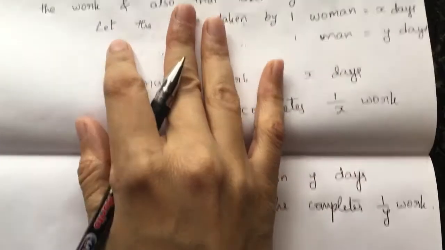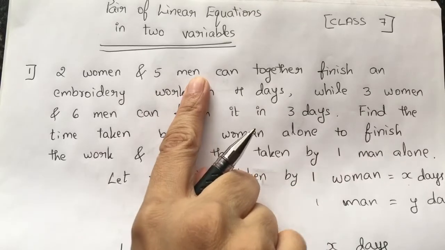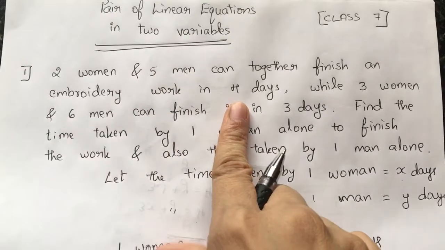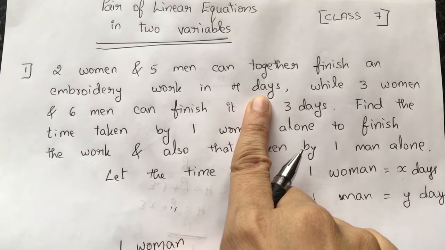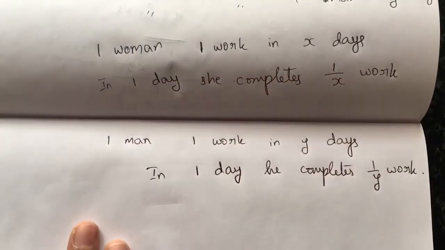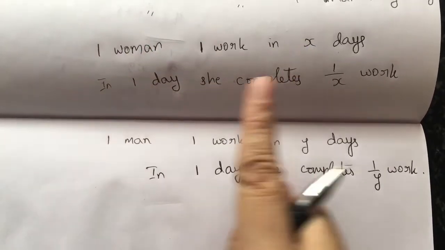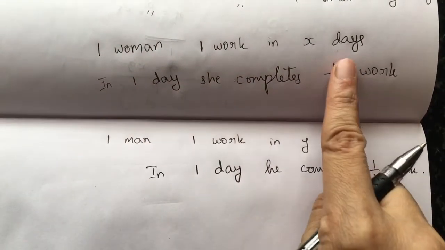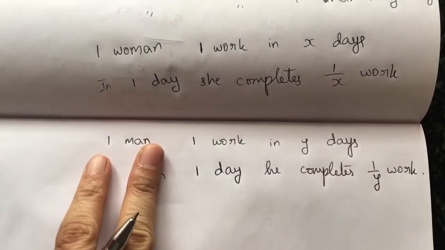Now they have mentioned 2 women and 5 men. They can work and finish the embroidery work in 4 days. Right. So now see, this is one man, one woman. In one day she is completing 1 by X work. Now I have 2 women.